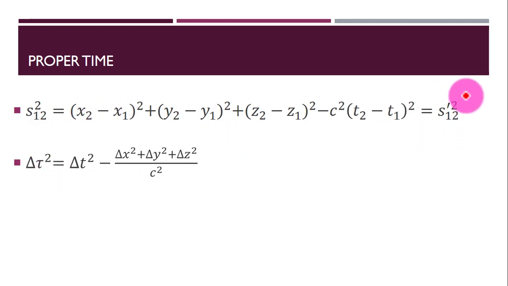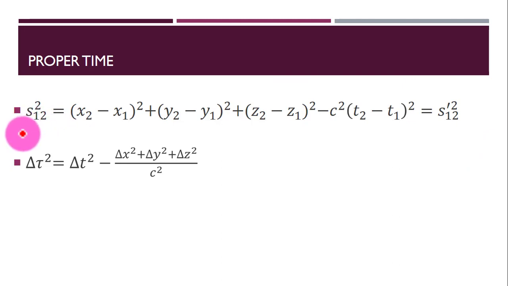This term, S12 square, would be equal to delta tau square in the special case where the two events are occurring at the same position. The two events that occur at the same position in the S prime frame may not be at the same position in the S frame.